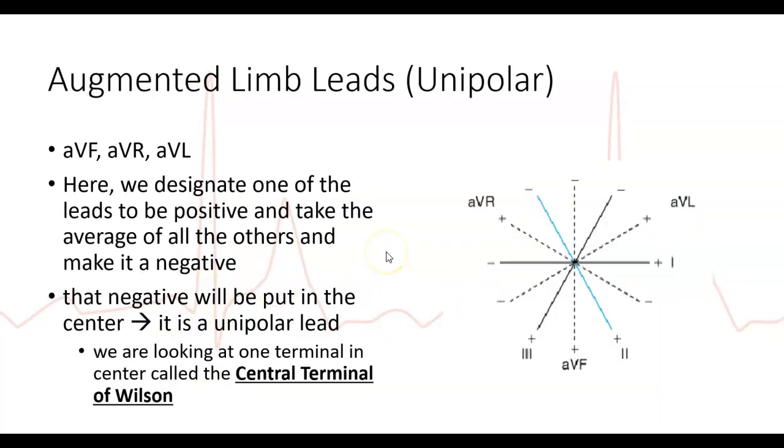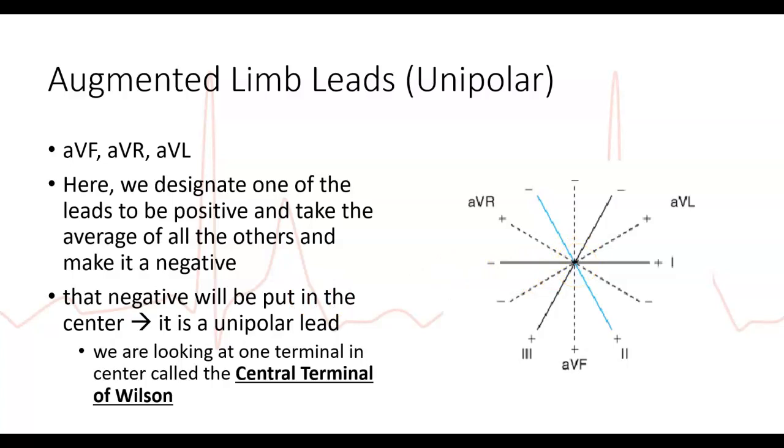So, all right, now if we go to the unipolar limb leads, they're called augmented limb leads. We have AVF, AVR, and AVL. Here we're going to designate one of the leads to be positive and take the average of all the others and make it a negative. That negative will be put in the center right here. It is considered a unipolar lead.